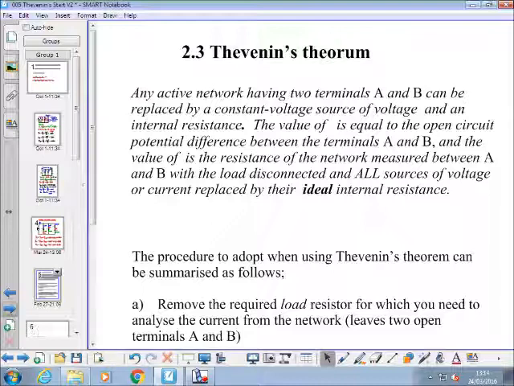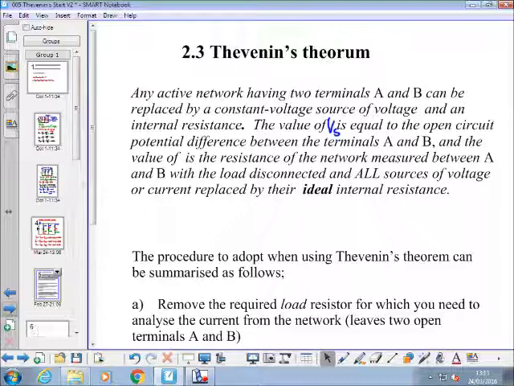The value of the voltage source, that should read Vs, is equal to the open circuit potential difference between the terminals A and B, and the value of its resistance is the resistance of the network measured between A and B with the load disconnected and all sources of voltage or current replaced by their ideal internal resistance.